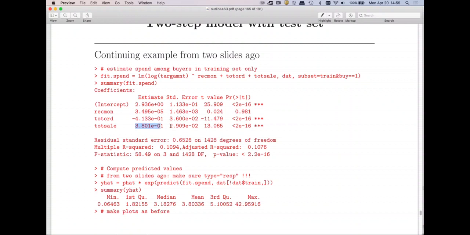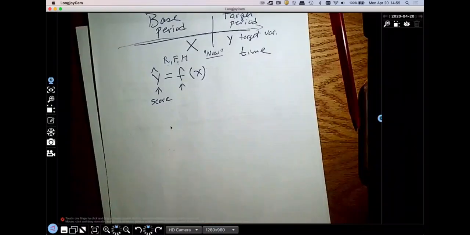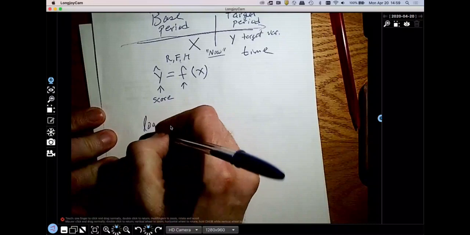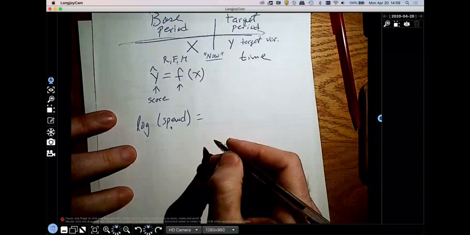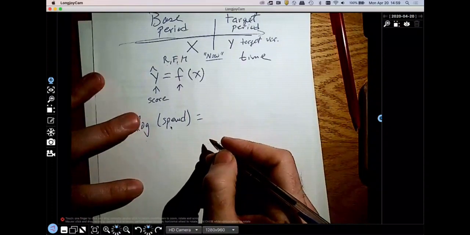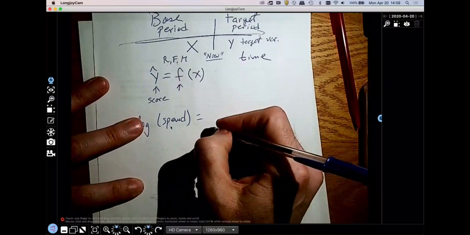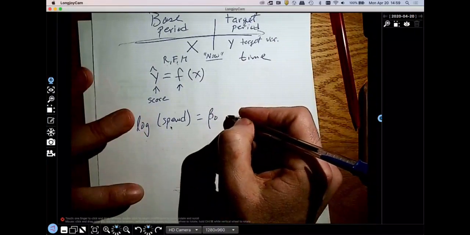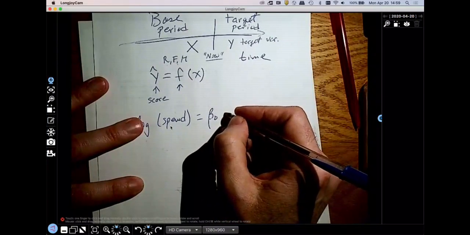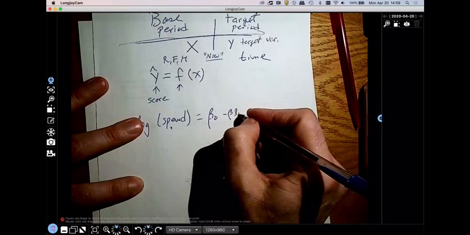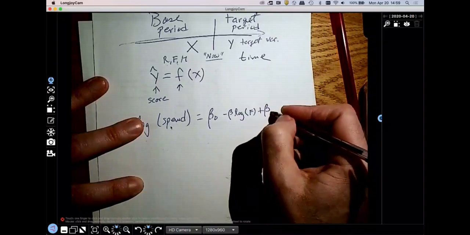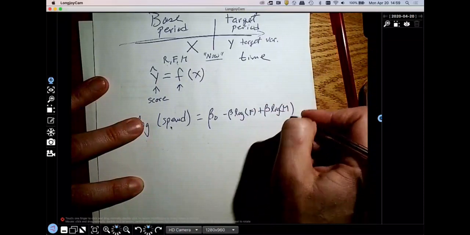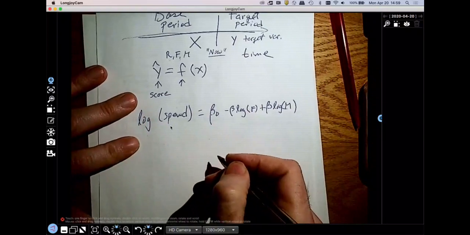Now both of these have been logged, and let me just kind of explain why that is. So if we go over to the document camera, basically what we have here is log spend is equal to, let's say that the two coefficients were about the same, but of opposite sign. So let's say this is minus beta times the log of frequency plus beta times the log of monetary. All right, forget recency for now.